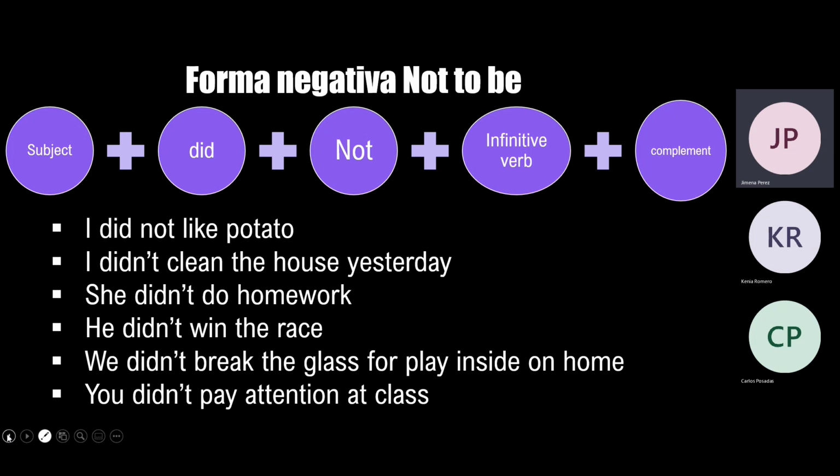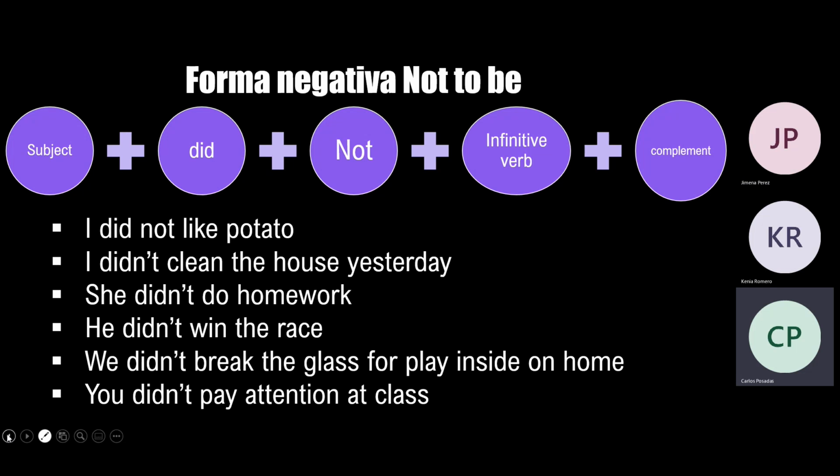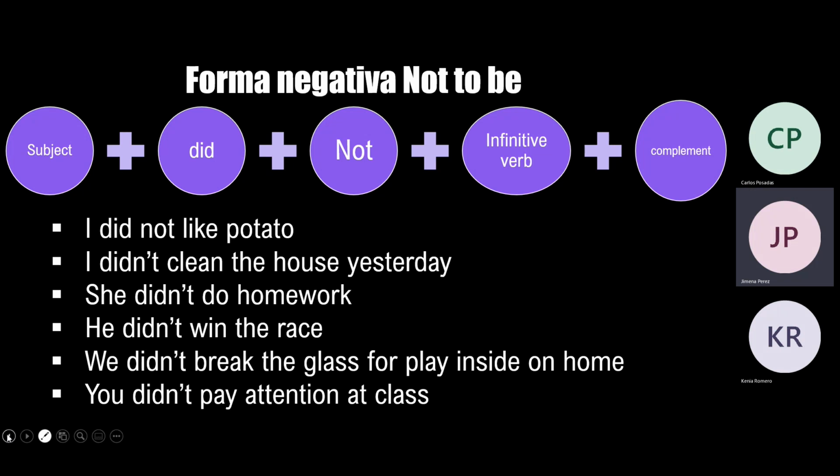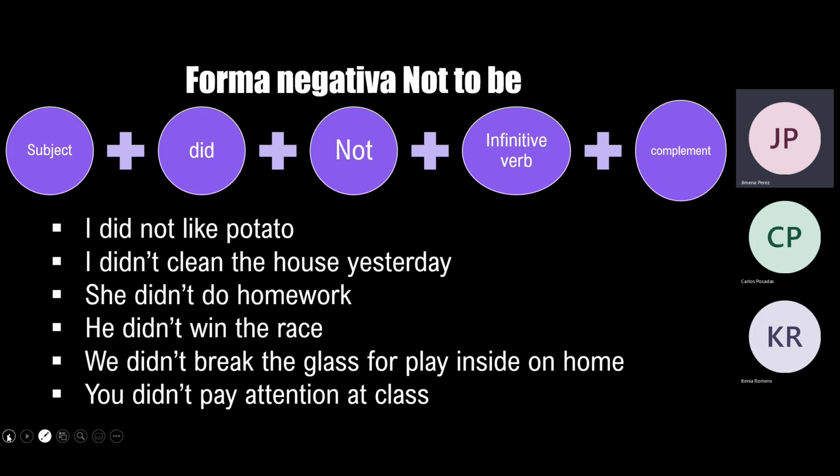O sea, es muy rara la vez que hagas una oración de yo estaba playing, por ejemplo, studying. Es más común para pasado continuo, terminando con un ing, como vimos en presente continuo.